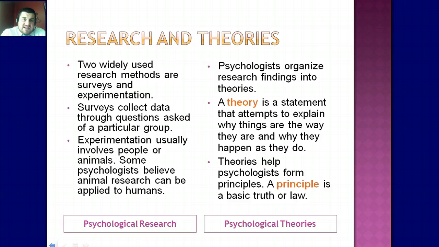And a principle is a law or a basic truth. A lot of times you'll see theories in psychology instead of laws, and that's because it's very, very hard to prove any of the theories of psychology correct. Psychology is changing all the time, and it's a very, very young profession or science. It's only been around 150, 160 years or so, and we'll get into that in our next section, the history of psychology.